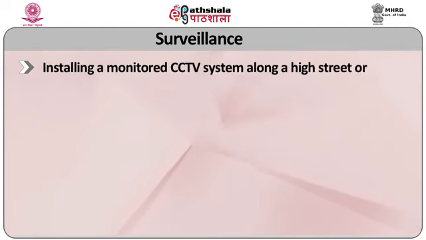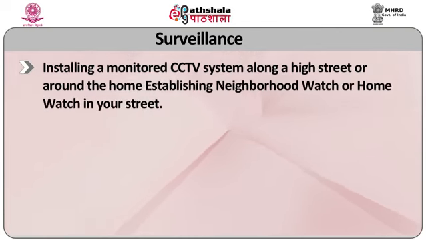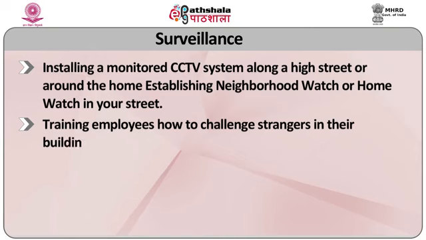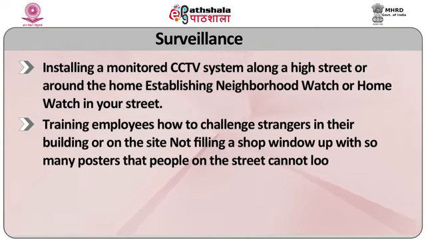Installing a monitored CCTV system along a high street or around the home, establishing neighborhood watch or home watch in your street, training employees how to challenge strangers in their building or on the site, not filling a shop window up with so many posters that people on the street cannot look in.